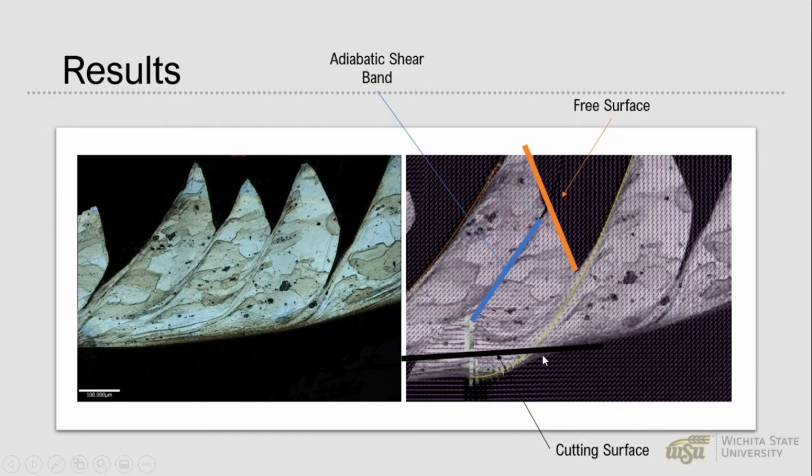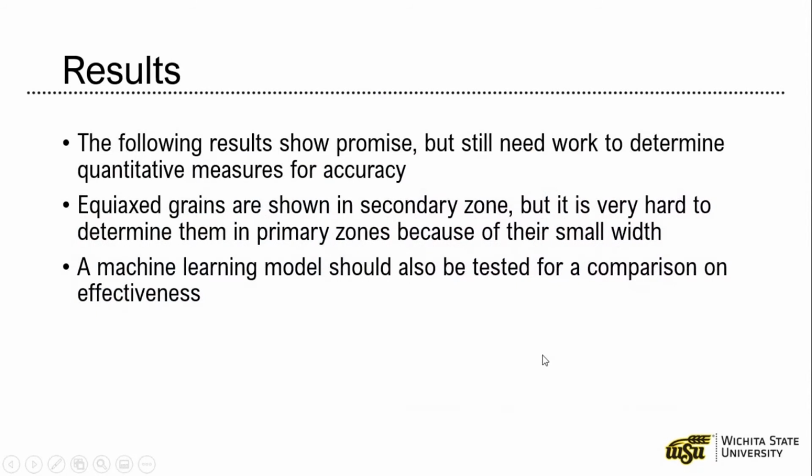So from those results, we can show that the tool shows promise, but we need to determine some quantitative measures for accuracy. The main method we're currently looking at is taking that velocity field that we determine and comparing it with the traditional digital image correlation techniques we have currently.